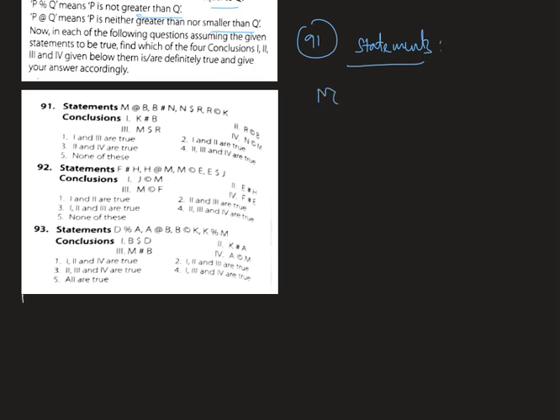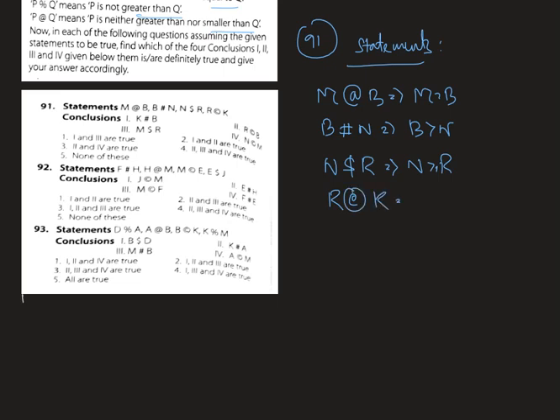The first statement is M at the rate B, this implies that M is equal to B. The second one is B hashtag N, this implies B is strictly greater than N. N dollar R, this implies N is greater than or equal to R. R copyright K, this implies R is strictly less than K. Combining all these relations, we can say that M equals B is greater than N is greater than or equal to R is less than K.